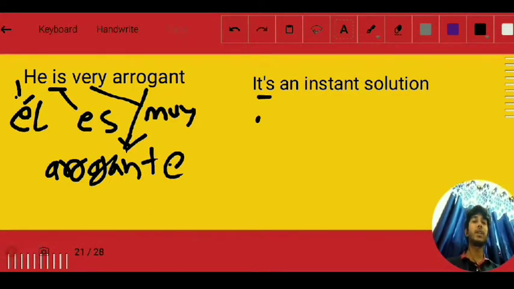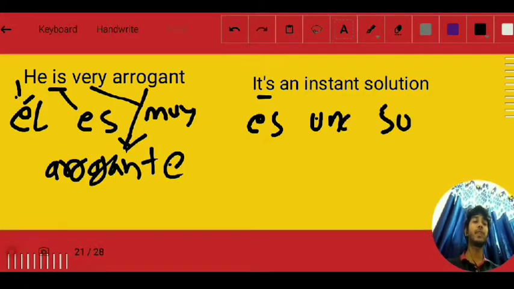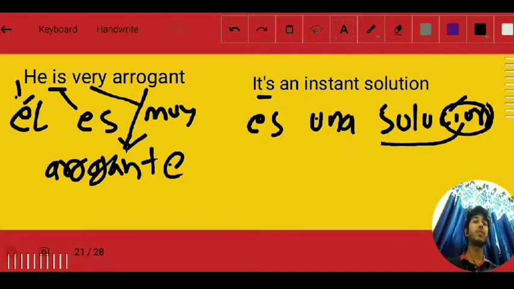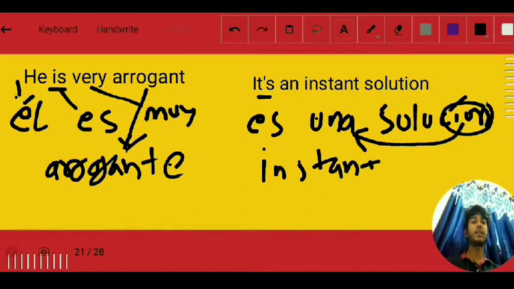For "it is" we are going to write es, for "an" una solución, because ION is also feminine. I dictated that in the last class. Es una solución instante. So here again, crisscross.